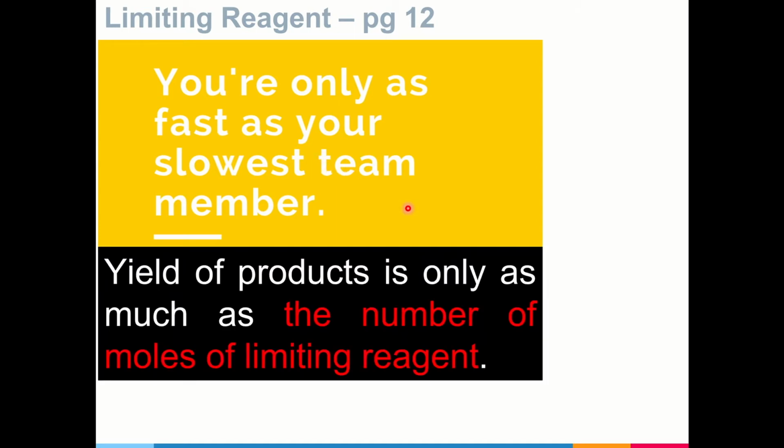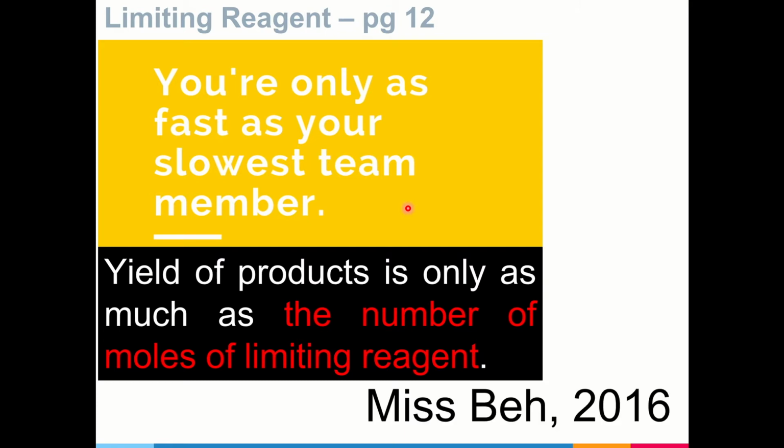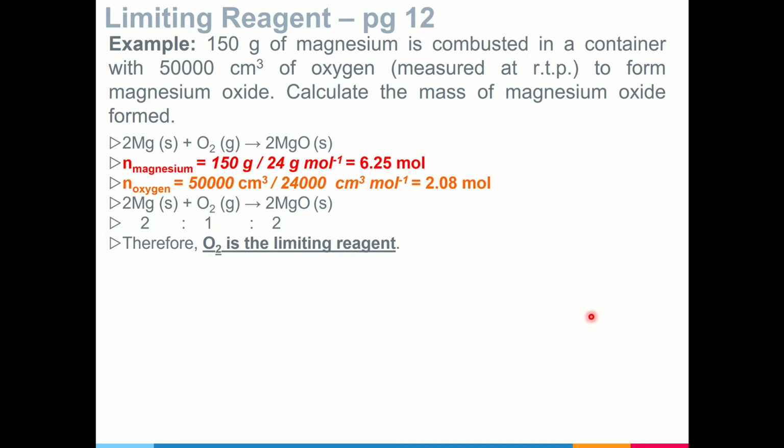The slowest person determines how fast the team is. In chemistry, the yield of the product is only as much as the number of moles of limiting reagent.